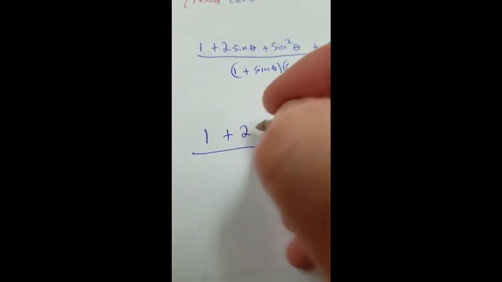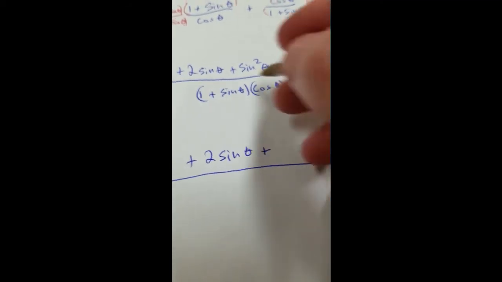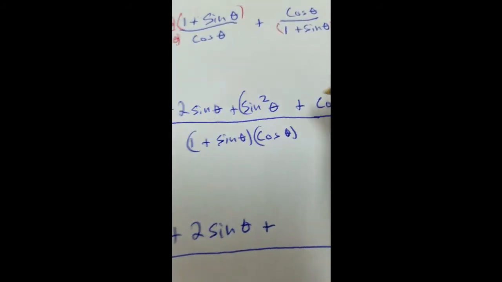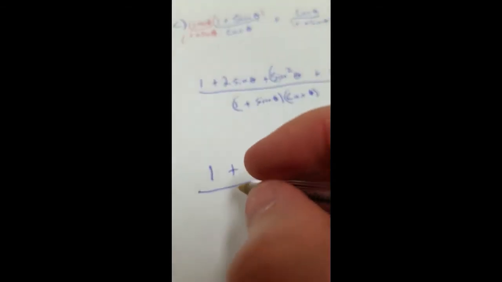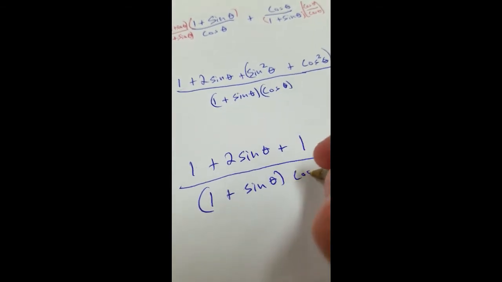This 1 plus 2 sine of theta plus, those two, sine squared plus cosine squared, that's equal to 1, so it's plus 1 here over my denominator of 1 plus sine of theta and a cosine of theta.